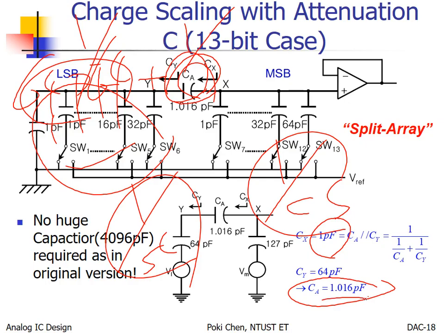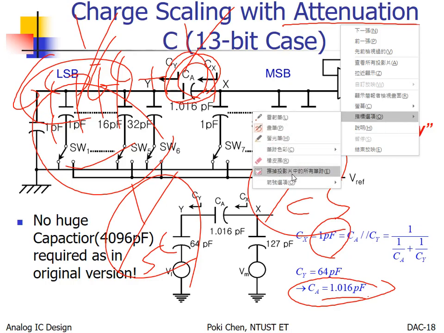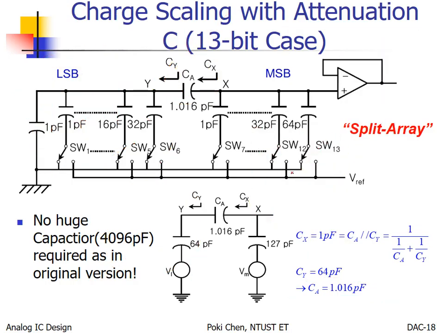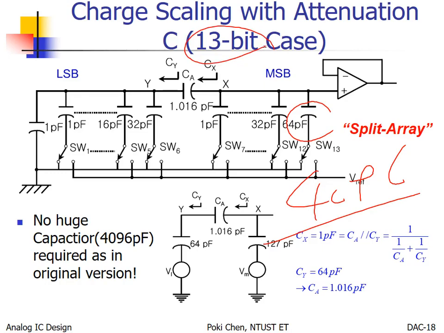That is the power of attenuation. And right now, you can see the largest capacitor is only 64 instead of 4,000 something. First of all, you reduce the capacitor size, no, you reduce the chip size, the chip area. You save a lot of money, but you still get even more bits.